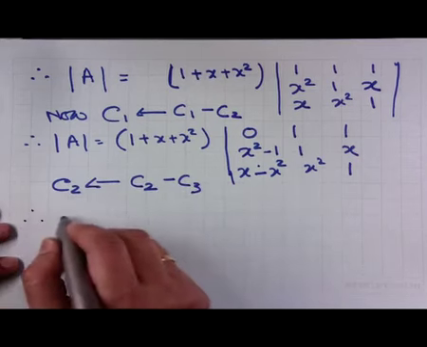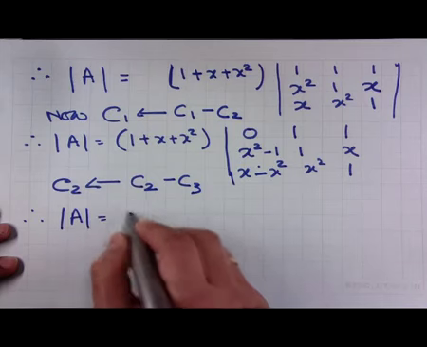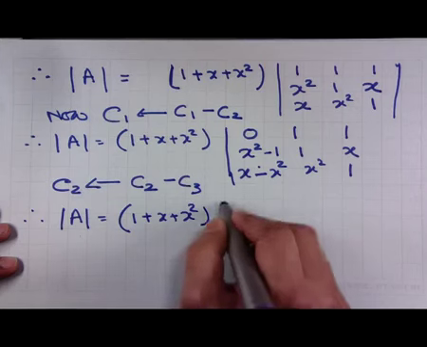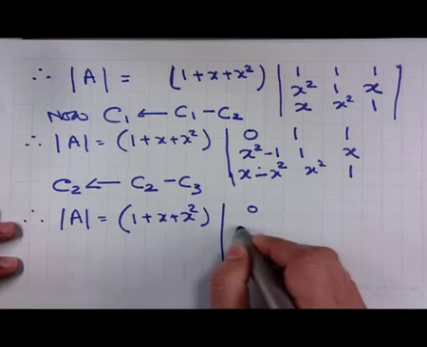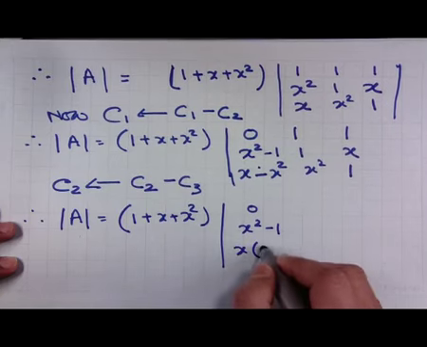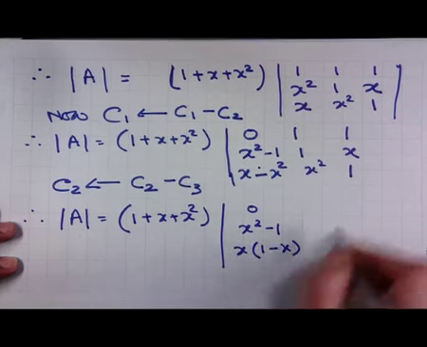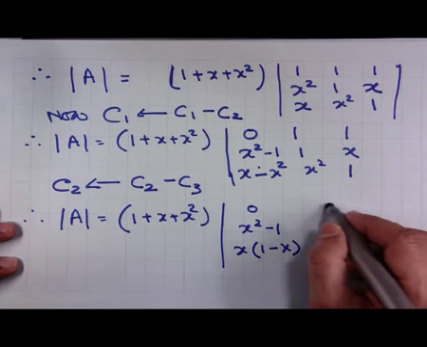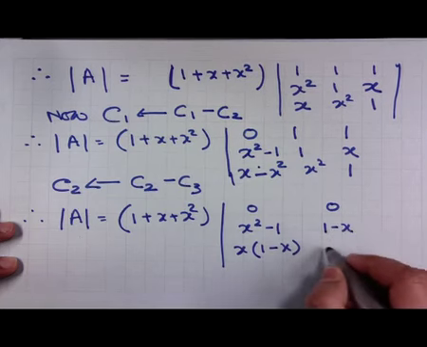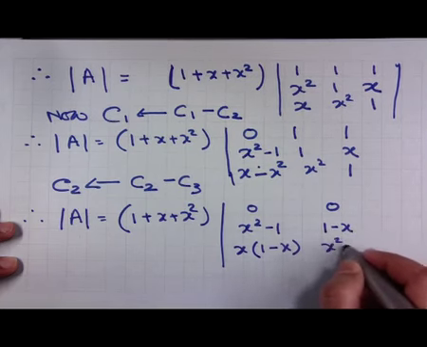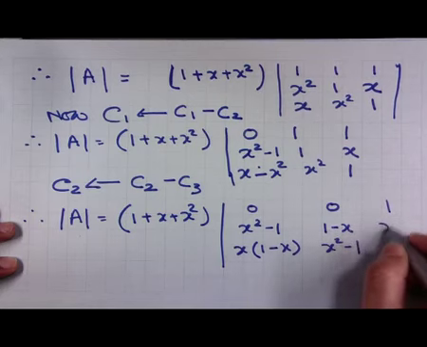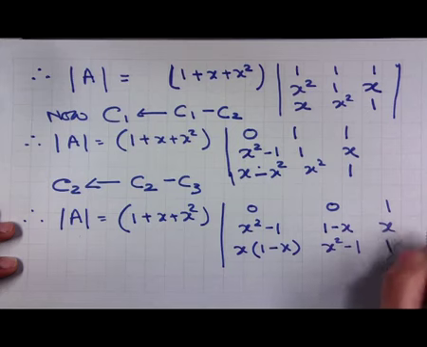After doing that, we find that determinant of A is equal to 1 plus x square into 0 x square minus 1 x; into 1 minus x; 0; 1 minus x square minus 1; 1 x 1.